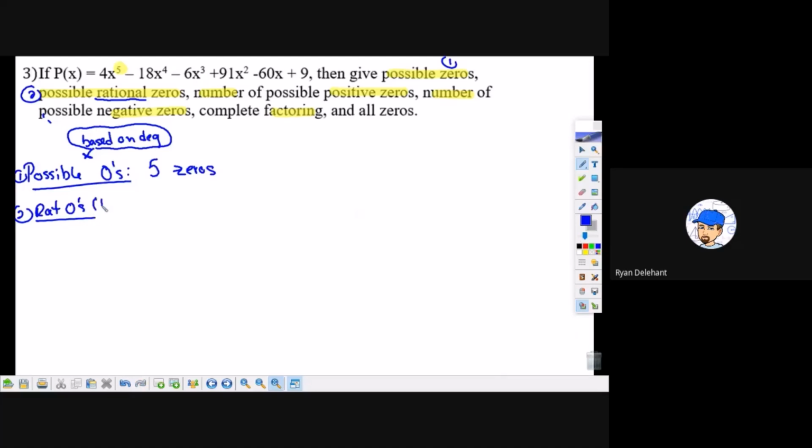What I want you to find here is the P over Q list. That's the places that it should cross the x-axis that are rational. That's our factors of our last number divided by factors of our first number. So number 2 is asking you to use the rational zeros theorem.